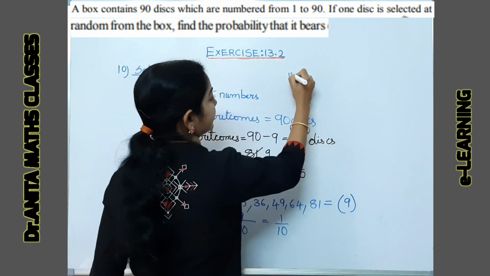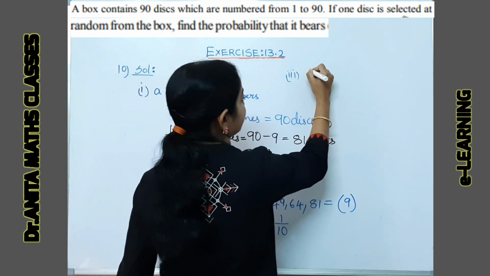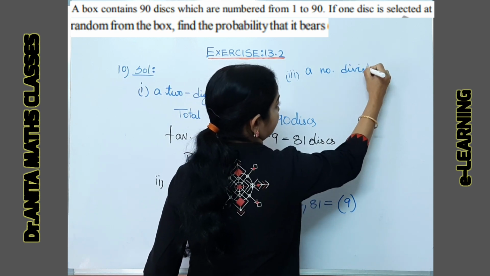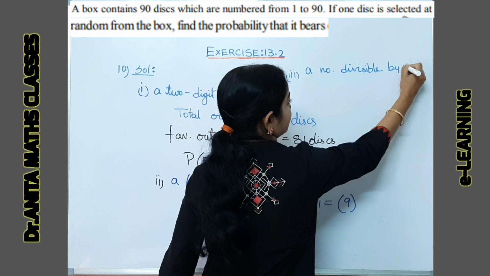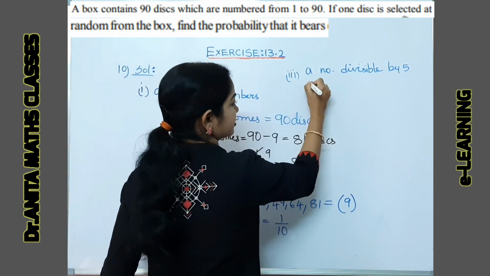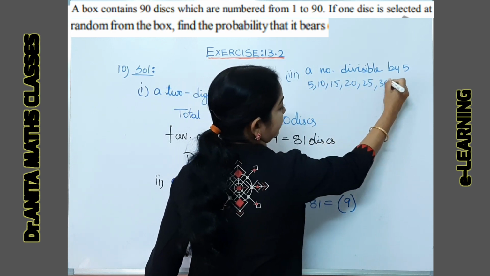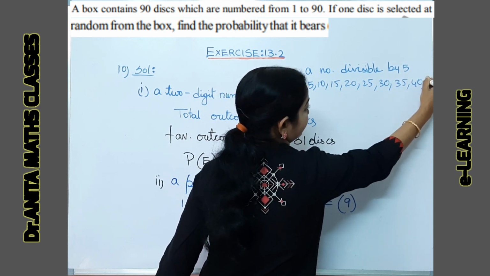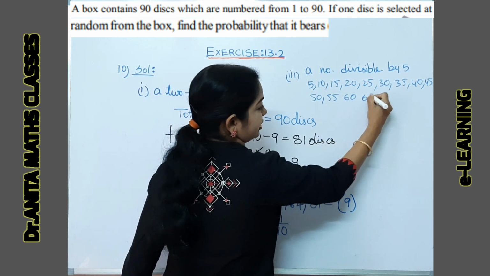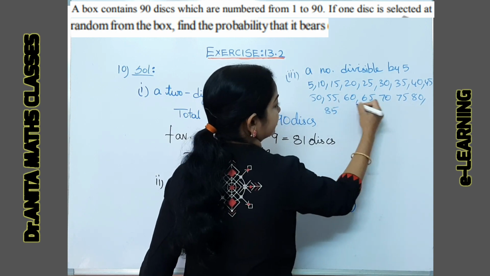Let's see the third part here. Let me read out: a number divisible by 5. The numbers divisible by 5 in between 1 and 90. So, let's start: 5, 10, 15, 20, 25, 30, 35, 40, 45, 50, 55, 60, 65, 70, 75, 80, 85, and also we can write 90.